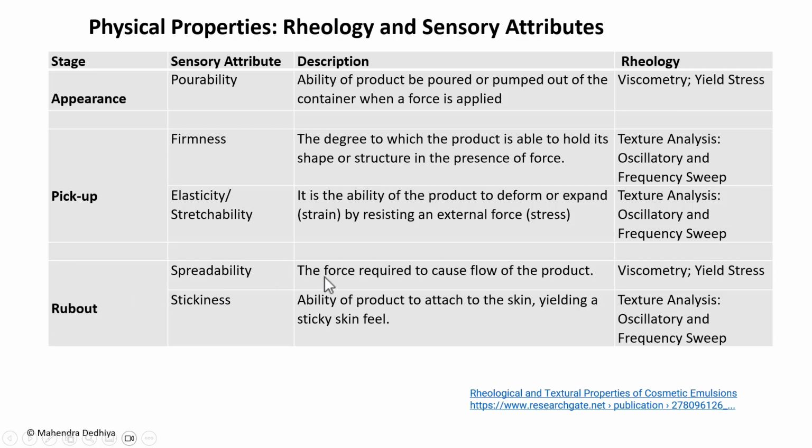Force required to cause the flow of the product. Viscometry and yield stress are related to spreadability. Stickiness, the ability of a product to adhere to skin and yielding, quote, sticky skin feel. Texture analysis, we can relate sensory attributes to rheological.